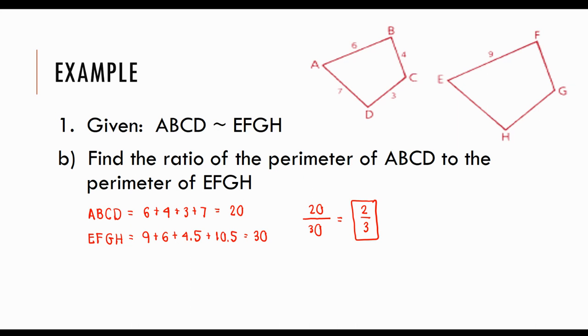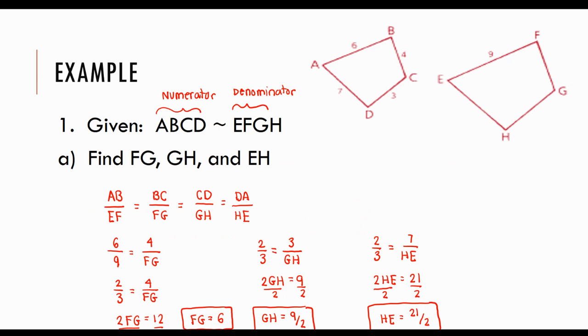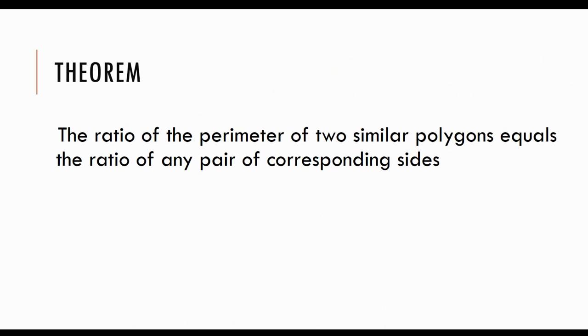But notice that 2/3 is actually a number that we've seen before. If I go back to part A, notice that 2/3 was that number that ended up reducing down our ratio of corresponding sides. That is not a coincidence. Essentially, the ratio of the perimeter of 2 similar polygons will equal the ratio of any pair of corresponding sides.